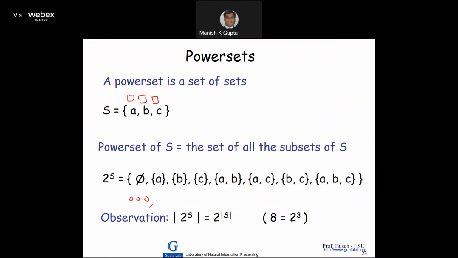This means there is A, no B, no C. This means there is only B, and like that. Finally, you have 1, 1, 1, right? So power set elements can correspond to binary strings. Beautiful thing, because you will see that I'm going to show you something with this. In computer science, this is a very, very important thing, the power set idea.